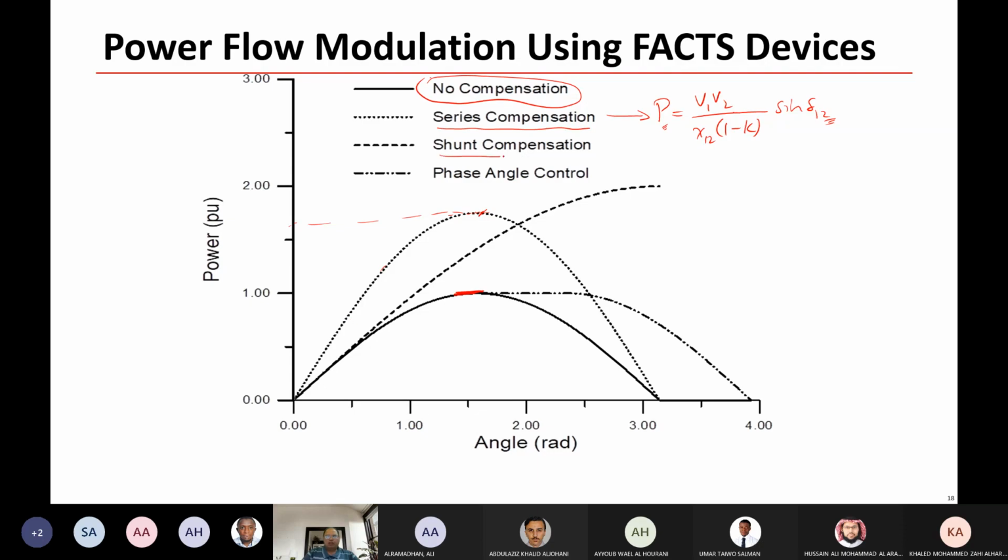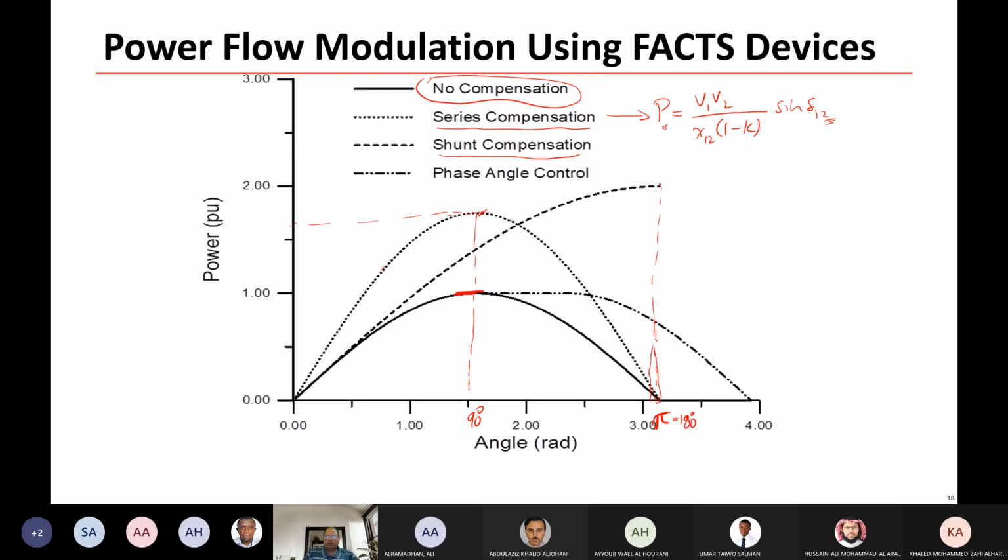For shunt compensation, as we just pointed out, the maximum occurs at 180 degrees. The maximum occurs at pi. Maximum here occurs at 90 degrees. There, this is in radians, but here this is in degrees, and this is at pi, 180 degrees.